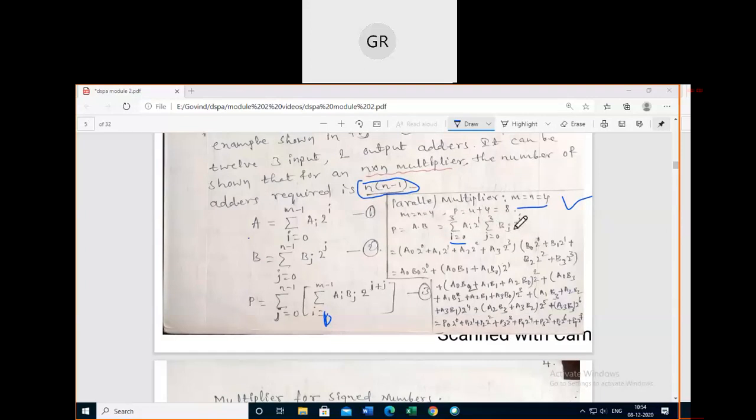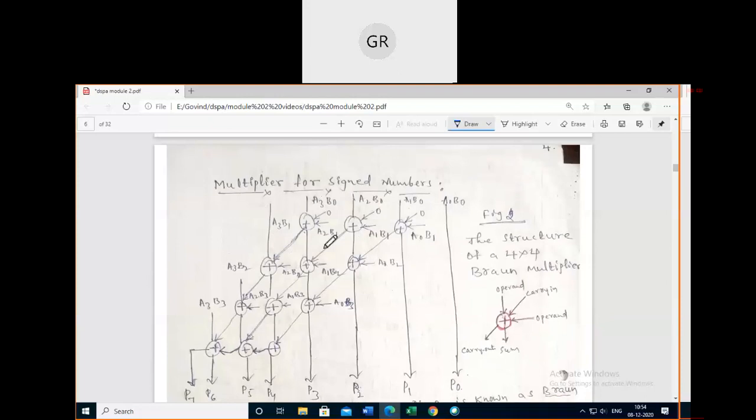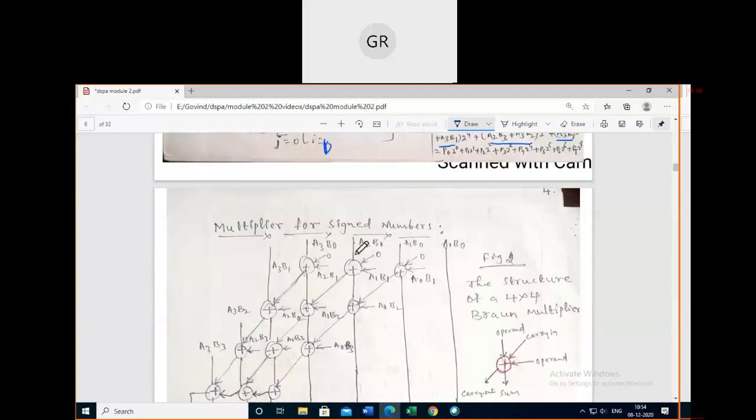Then now we get the product term. Here P0 is a0 b0, P1 is a0 b1 plus a1 b0, P2 is this term, P3 this one, P4 this one, this is P5, this is P6, and the last one is P7, 2 raised to 7. This is the multiplier structure for unsigned numbers that is based on this equation, this simplification.